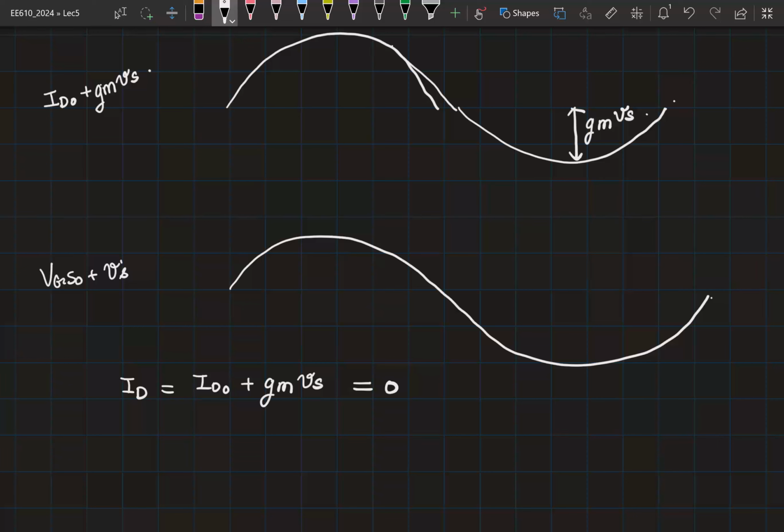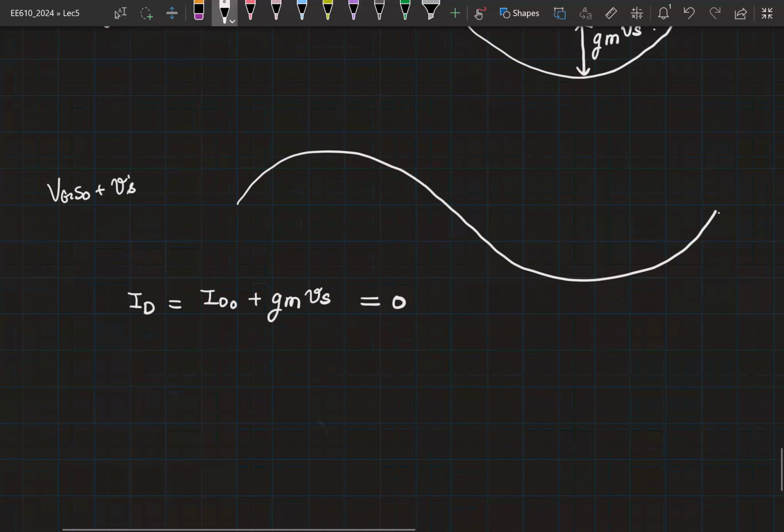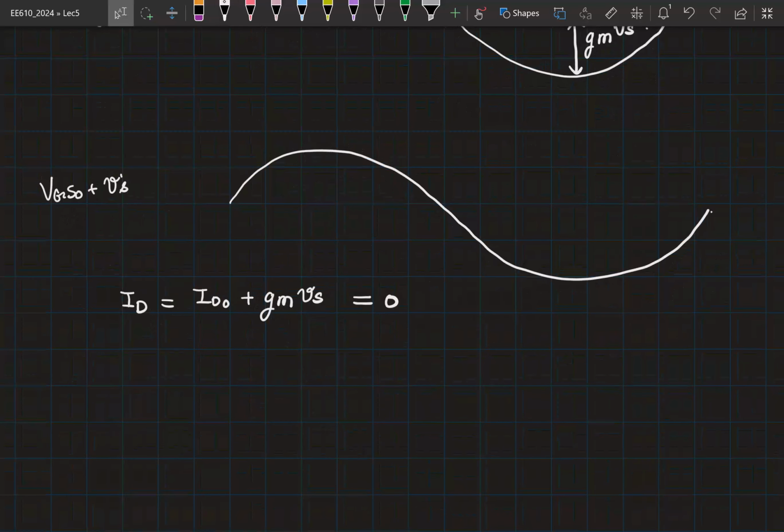It is cut off, right? What happens to your gain? Gain becomes 0. Why? Because your Gm is proportional to the square root of ID. So if ID goes to 0, your Gm also drops to 0. So let's solve for this condition.